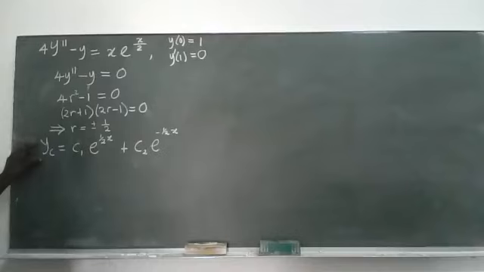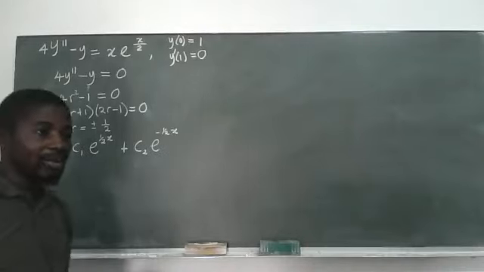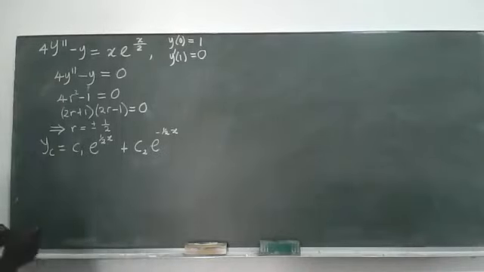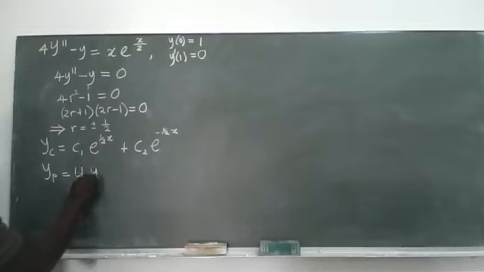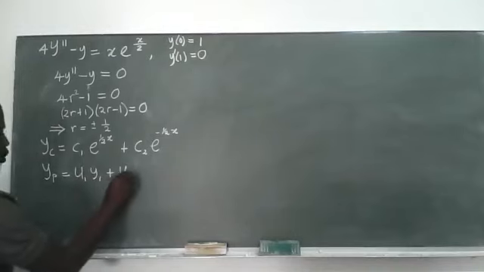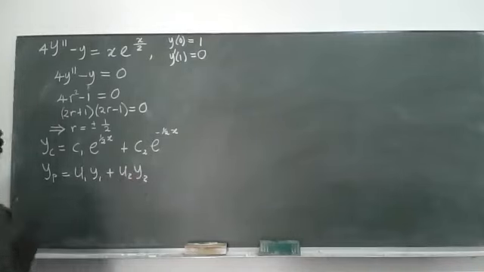So having found the complementary solution, we know the nature of the particular solution. The particular solution takes this form: u1 y1 plus u2 y2, right?